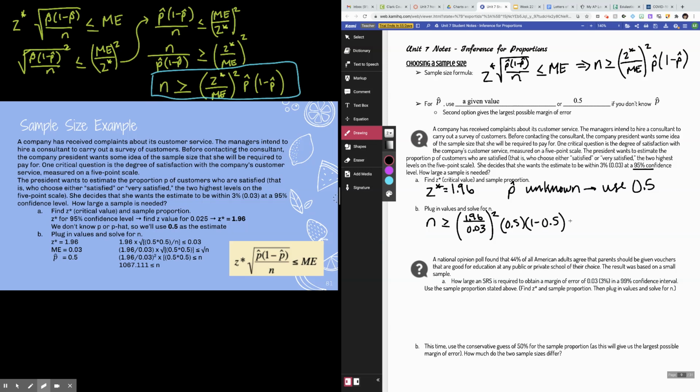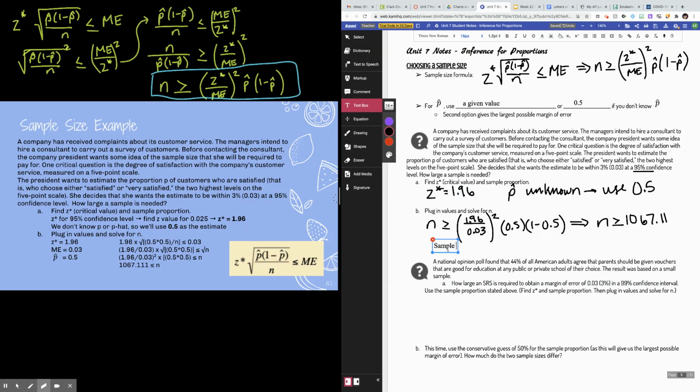All right, I'm just going to plug all of that into my calculator. And when I did, I got that n has to be greater than or equal to 1,067.11. And since I'm talking about people, that means my sample size has to be at least 1,068.